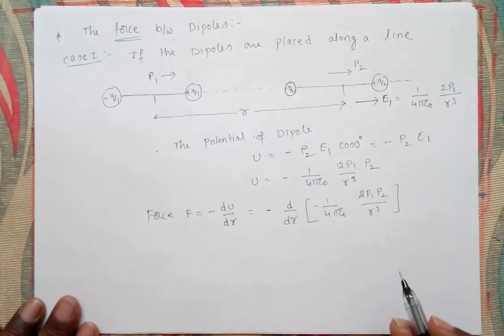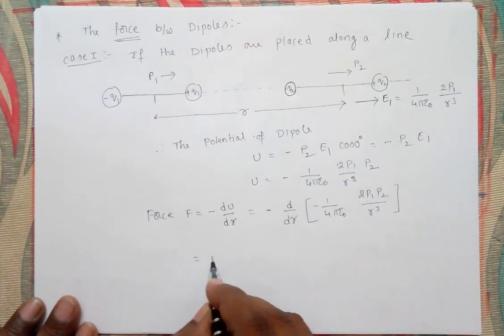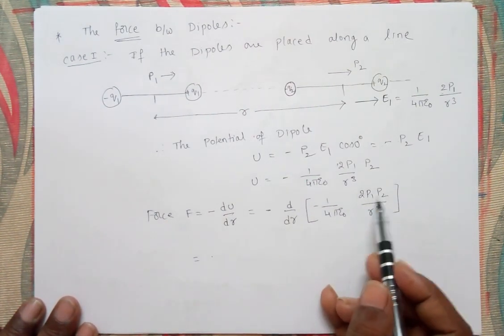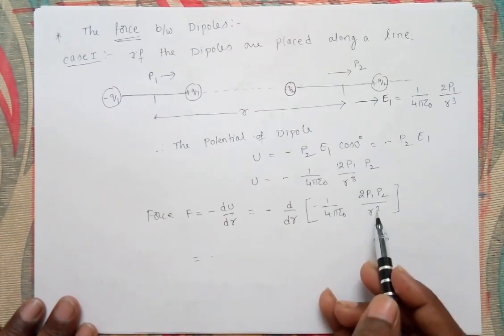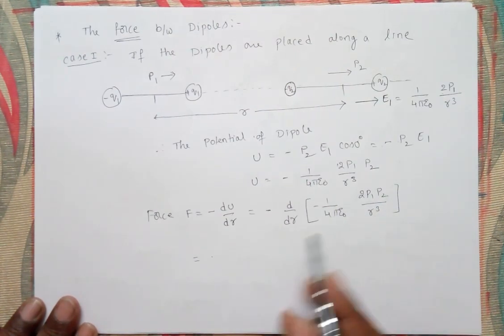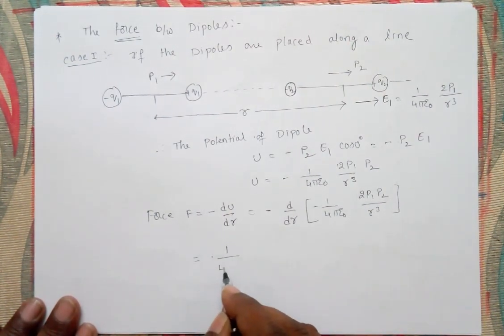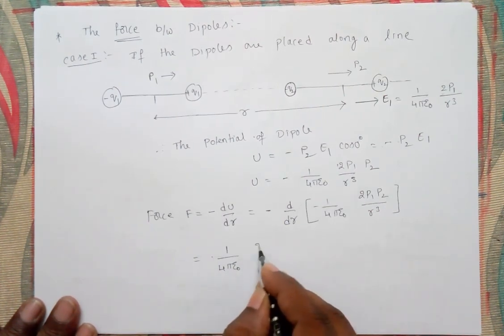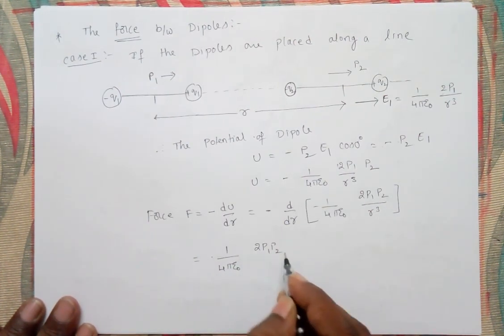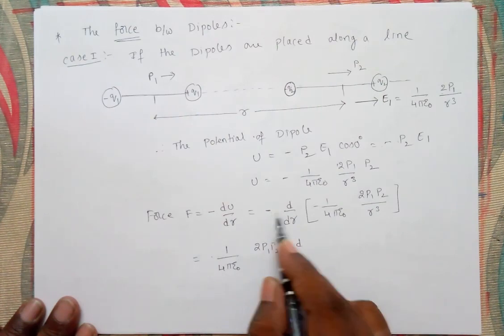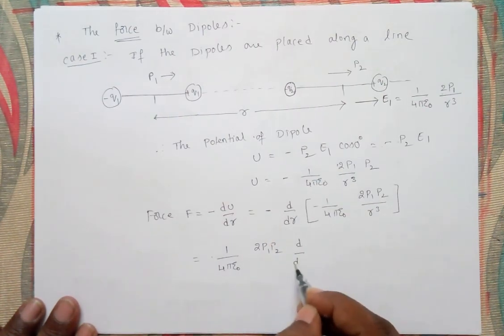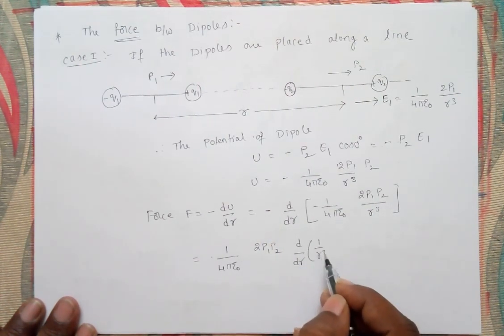So minus of minus becomes plus. Everything is constant except r, so we are differentiating with respect to r, and the remaining terms we can take outside the differentiation. So 1 upon 4 pi epsilon naught 2 P1 P2 into d by dr of 1 by r cube.